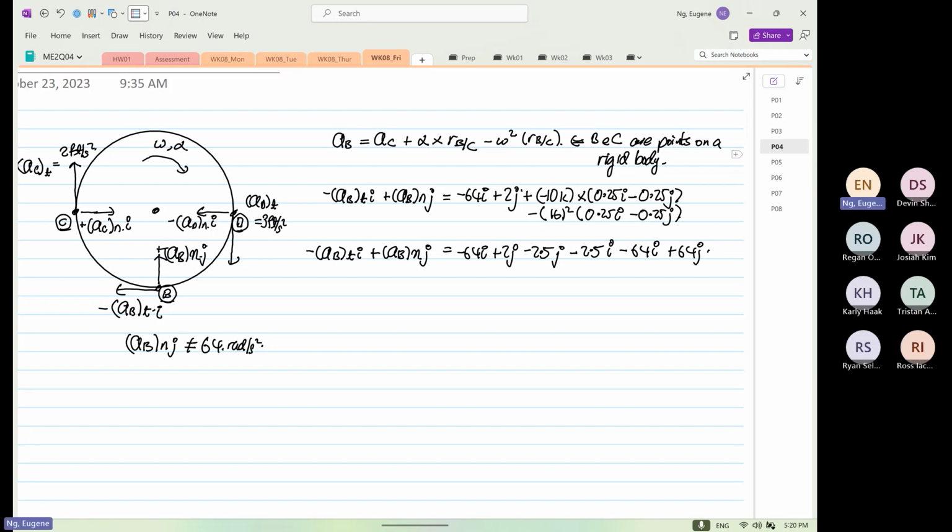Okay, so from here we do the i component. With the i component, you have minus aBT, and then this will be equal to minus 64 minus 2.5 minus 64.